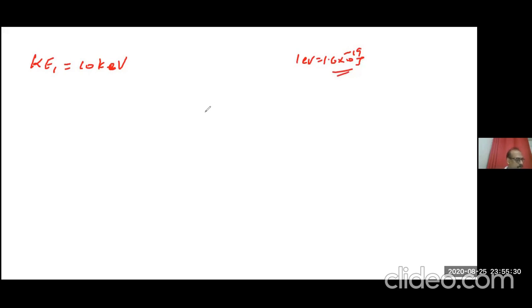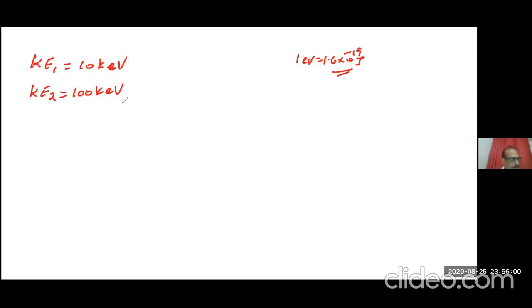An electron and a proton are detected in a cosmic ray experiment. The first has a kinetic energy of 10 kilo electron volt and the second has a kinetic energy of 100 kilo electron volt. Which is faster, electron or proton?